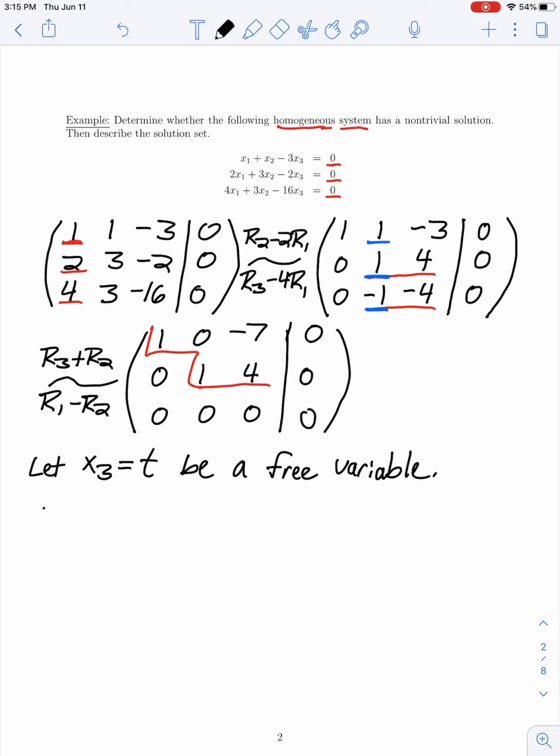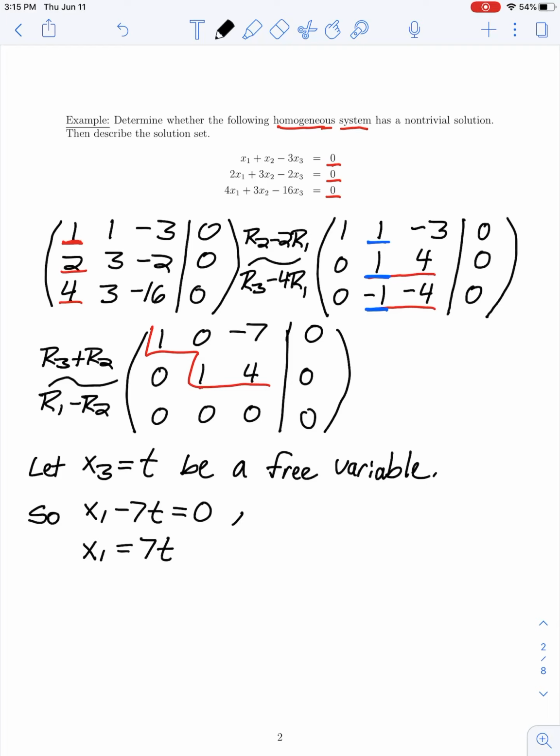Now, whatever value I choose for x3, I'm calling my choice t, I still need to find x1 and x2. So looking at my first row of this augmented matrix in reduced row echelon form, the first row in equation form says 1x1 minus 7 times x3, that is 7t, has to equal 0. Or equivalently, x1 is equal to 7t.